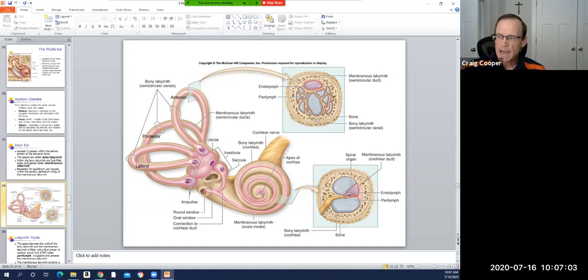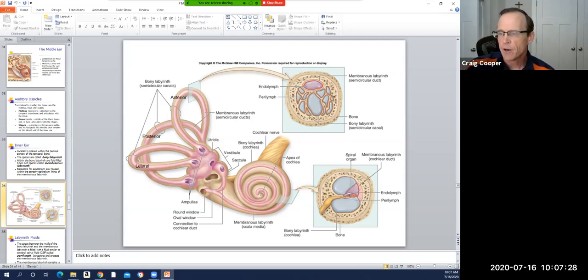When we look at the anterior, that's running front to back this way. So if I do something like a somersault, that's going to cause fluid to move in this tube, and trigger motion at these ampullas to let me know that I'm doing a somersault. I'm moving in the sagittal plane, but in a rotational function.